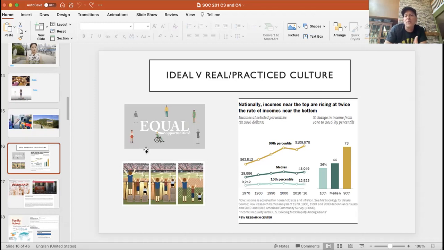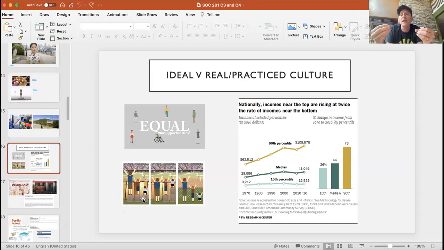Here's a chart of thinking about equality versus equity, this idea that we talk about more and more. Equality is that everybody gets the same box, right? Regardless of height, that's equality. That's the American idea of equality: everybody gets the same thing. But the same thing isn't really equity.